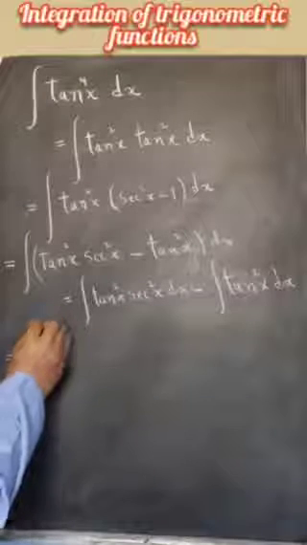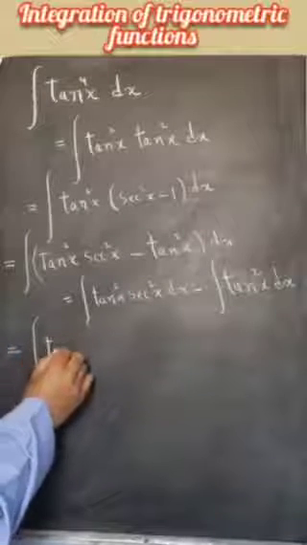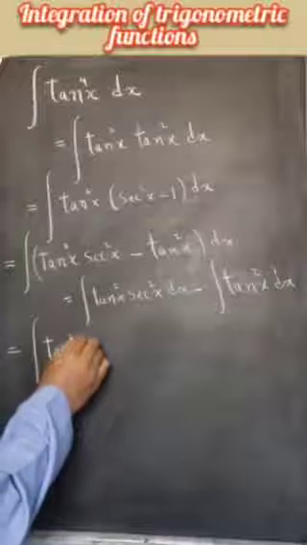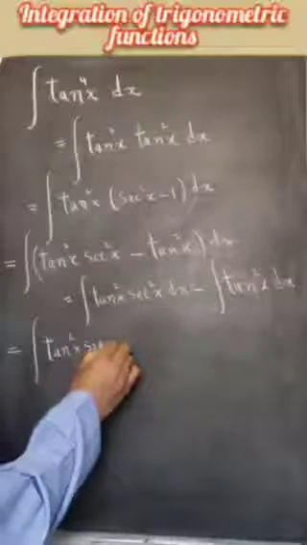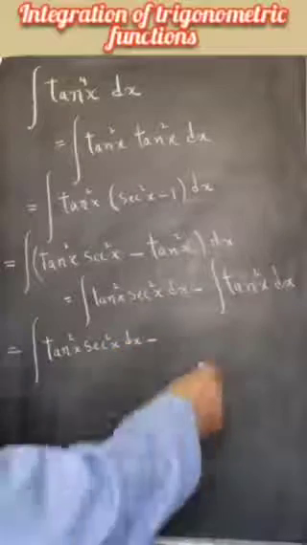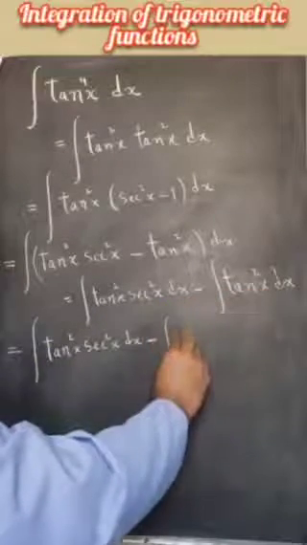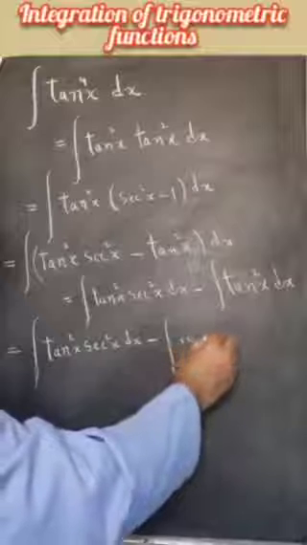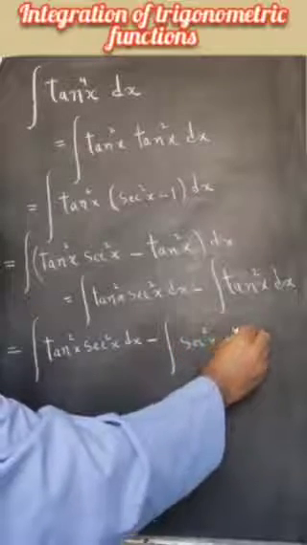Or integral tan square x secant square x dx minus, instead of this tan square x we can write secant square x minus 1.